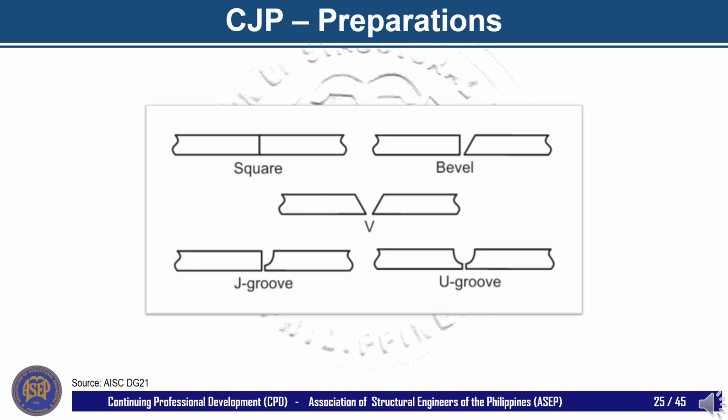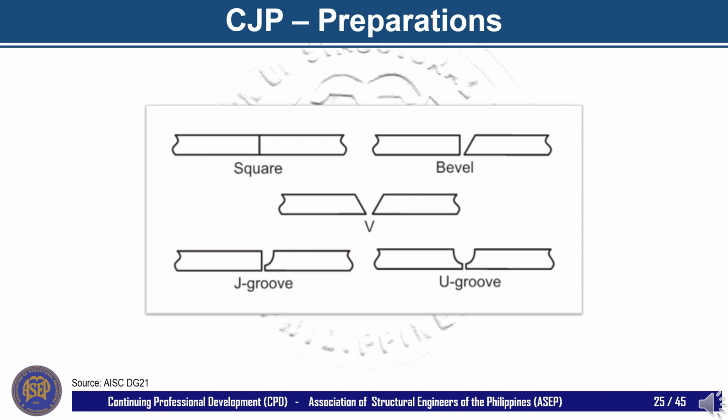When applying CJP welds, preparations are necessary because, except for the thinnest of materials, the penetration of the welding processes is typically not adequate to obtain the depth of fusion required for the needed weld strength.